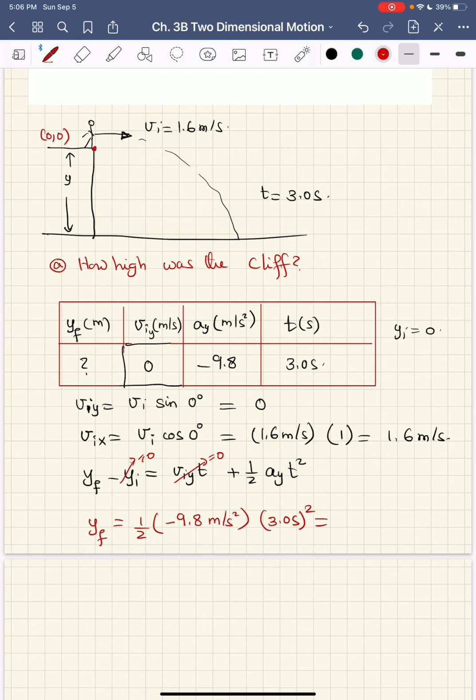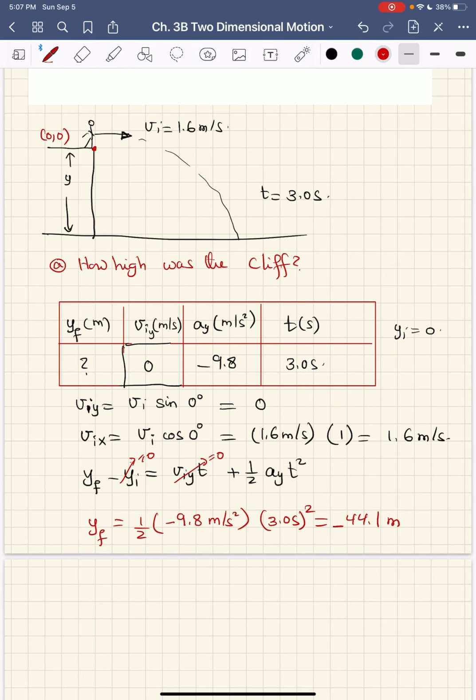Then you will be able to say, all right, this is 9.8 times 9, because you squared, don't forget to square, divided by 2, and that is going to be 44.1 meters with a negative.